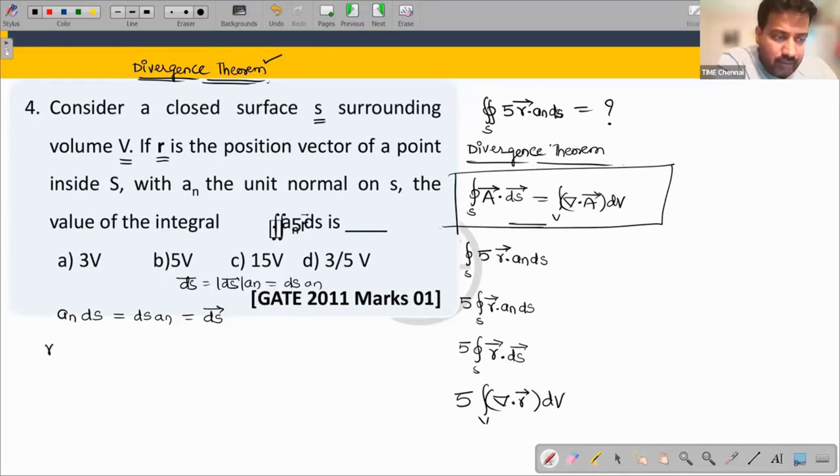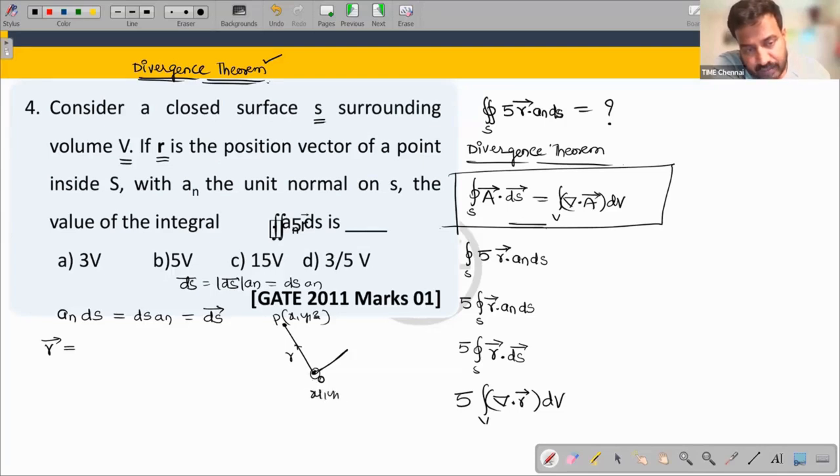But you know R is a position vector. Position vector in the sense it is the distance from origin to some point P, which is x, y, z. This distance OP is vector R. When the distance vector is measured from origin, then you call it a position vector.